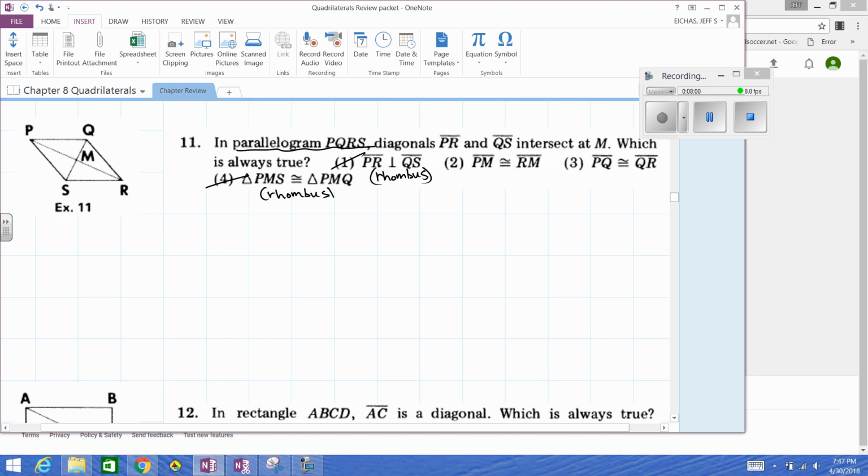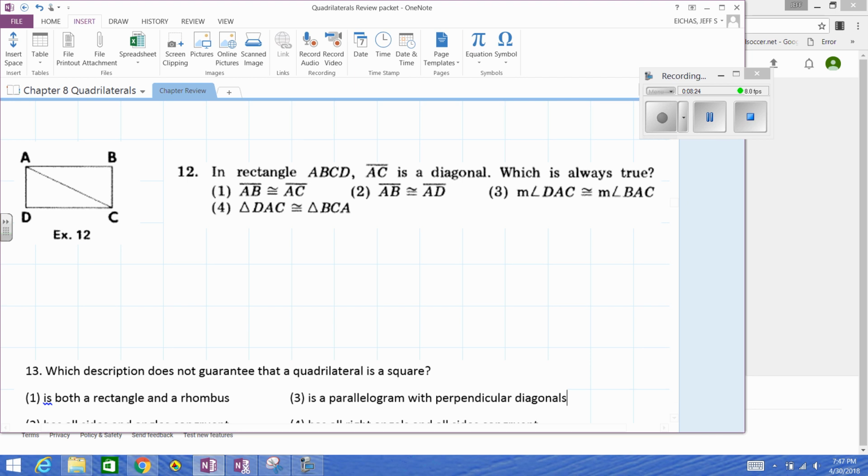We don't have to have that. PM congruent to RM has to happen because the diagonals bisect each other. So 2 has to happen, but let's just check 3. Does PQ have to be congruent to QR? No, again, that's a rhombus feature. So we don't have to have it.